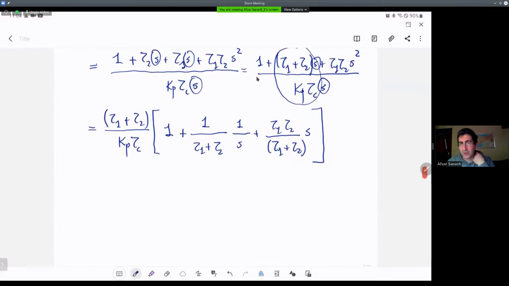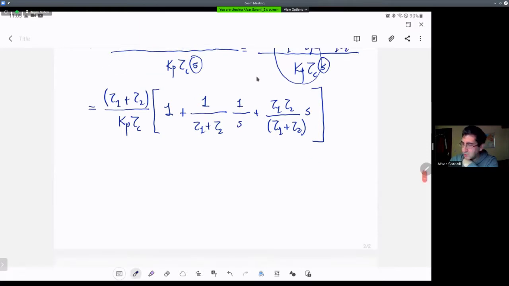so again, you guys tell me what this is. It's a PID controller, right? Again, in the dependent ideal PID form. So you have a common gain term at the beginning, and then you have 1 plus an integral term with a time constant plus a derivative term with another time constant.